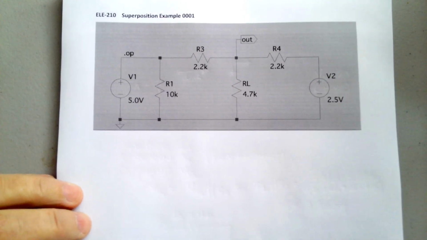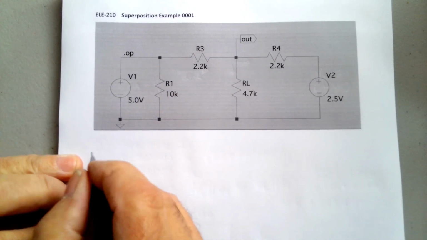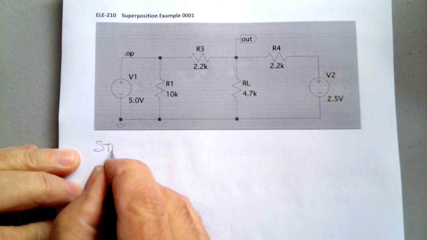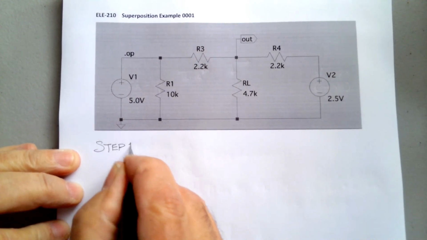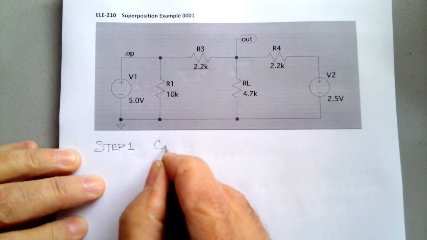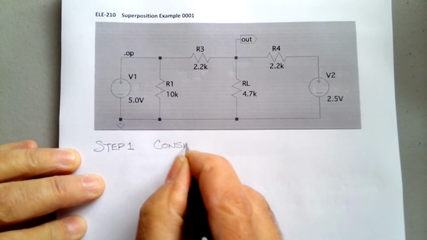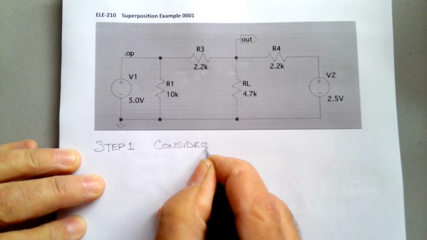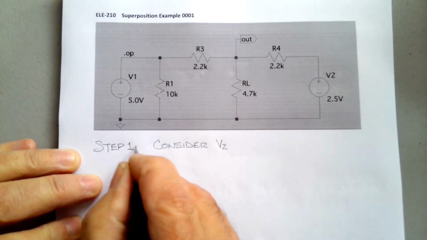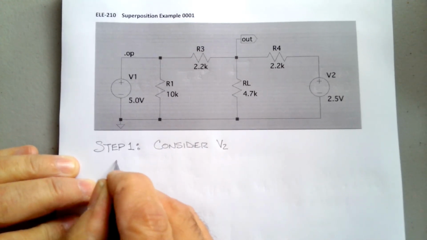Sorry about that, getting the steps kind of different than the way I numbered it, but step one is consider V2.